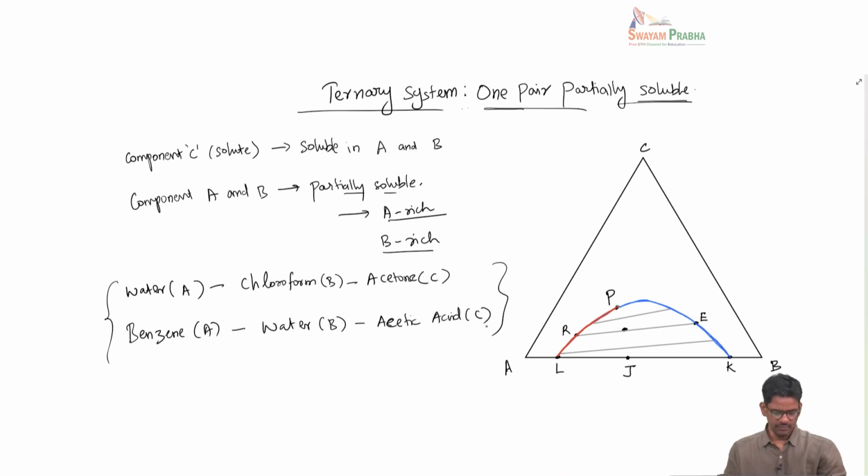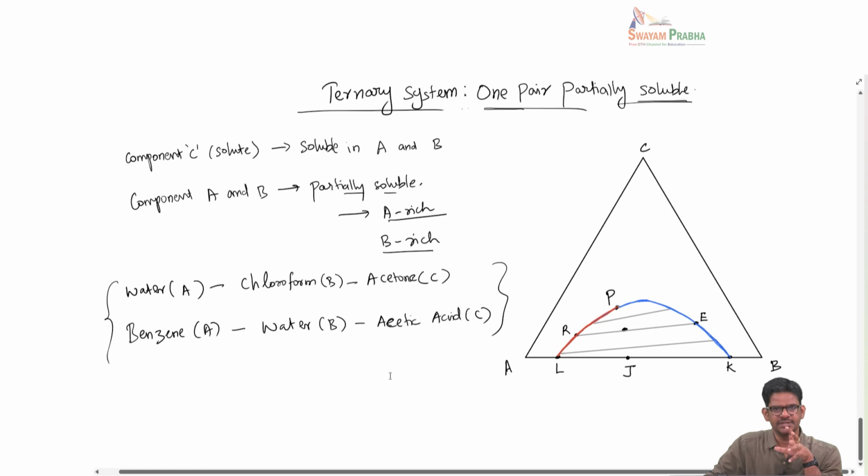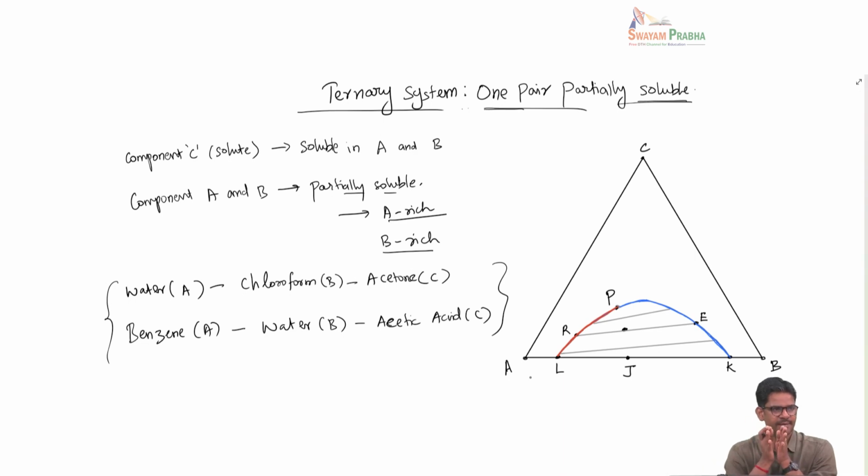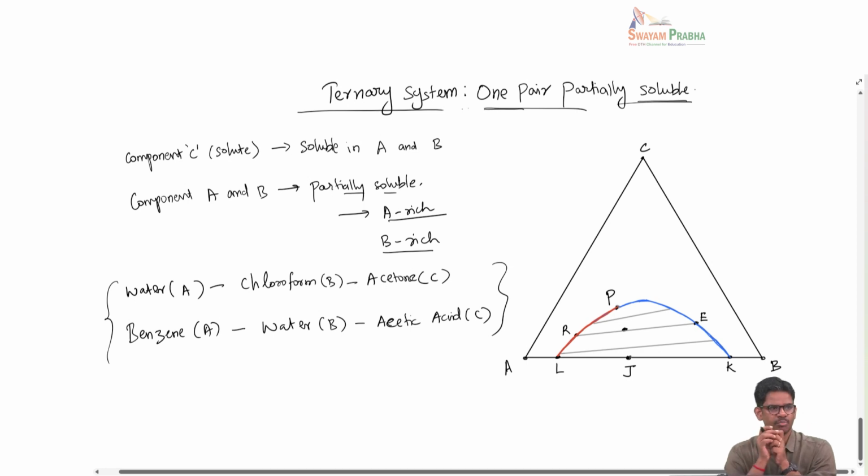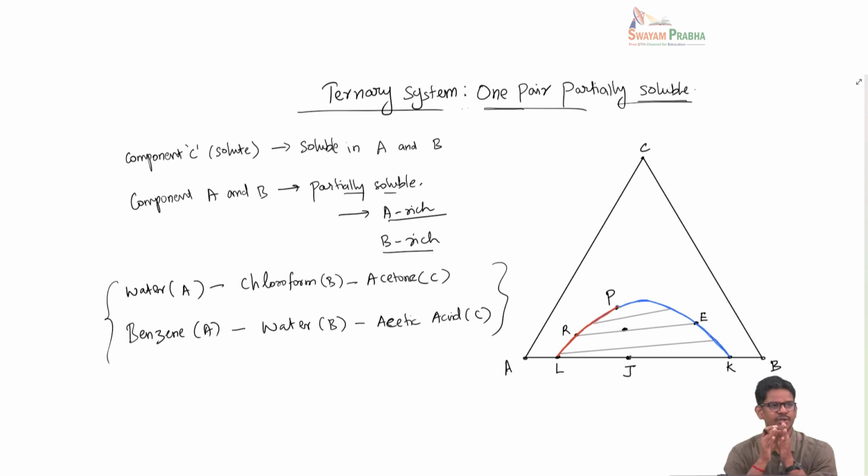Now such mixtures can be represented in this kind of a ternary diagram. So you can see that this vertex here is pure component A, this vertex is pure component B, and this vertex is pure component C. Now this baseline AB is a binary mixture of A and B. Now if I prepare a mixture corresponding to point J, that would be a binary mixture of A and B, and you will see that it will immediately phase separate into two layers.